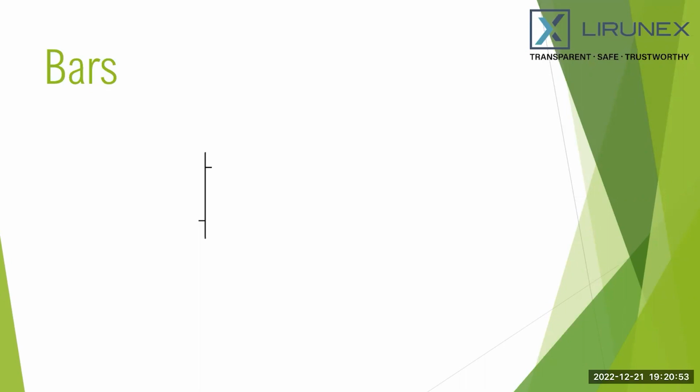So nakadepende siya dun sa time frame na gamit mo. On this one particular period, this one bar, makikita nyo dyan, yung left side, this left horizontal line is what you call the opening price. So lagi sa bar chart, yung left horizontal is what you call the opening price.